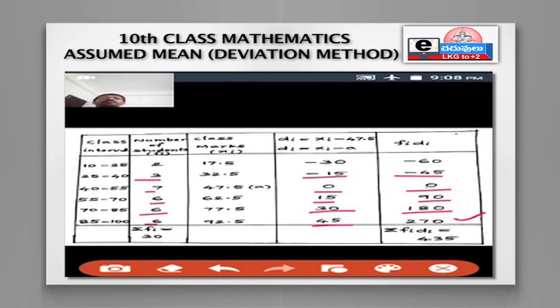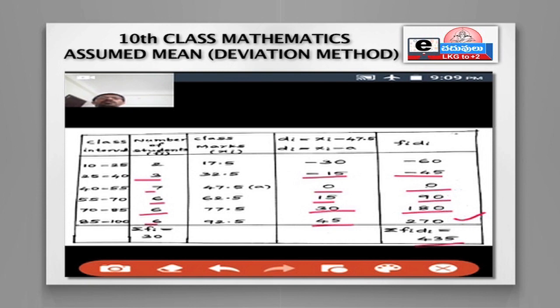Now find the sum of fi into di. Here 90 plus 180, 270. 270 plus 270, 540. 540 minus 105, how much? 435.